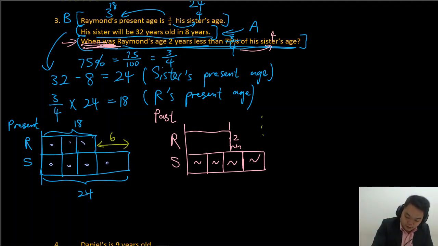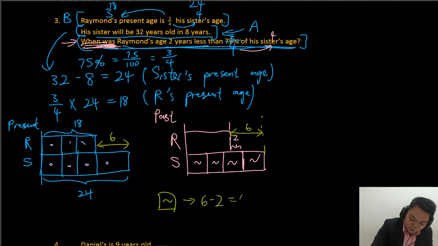So it goes to say that this portion from here to here has to be 6 as well. Which means to say that this block has to be 6 minus 2 to give you 4. Once upon a time.